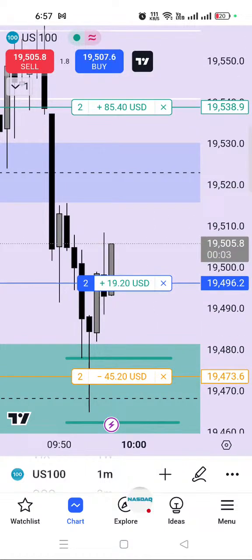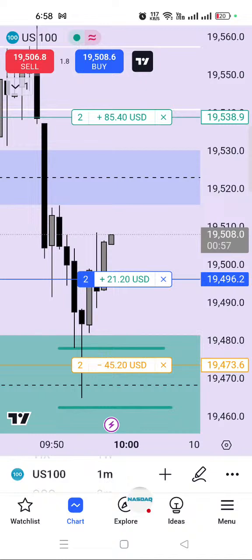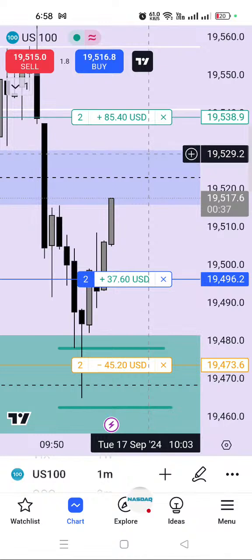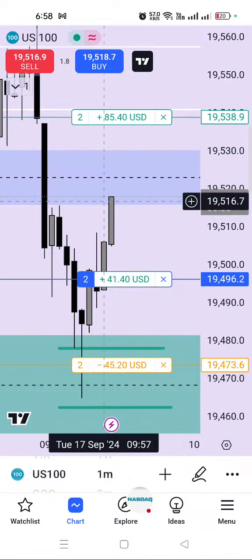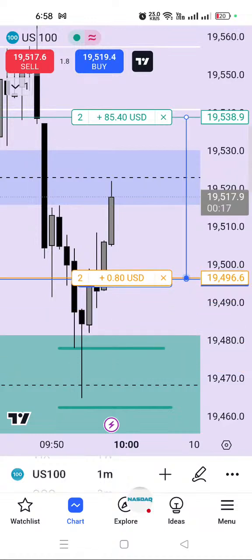So ideally speaking, मुझे अपना lot size increase करने के लिए ये चाहिए कि I want the price to move above this box. तो पहला ये टारगेट होगा, अगली ट्रेड लूंगा तो I will put my stop loss below the box. That's the least I can do, putting my stop loss at break even.